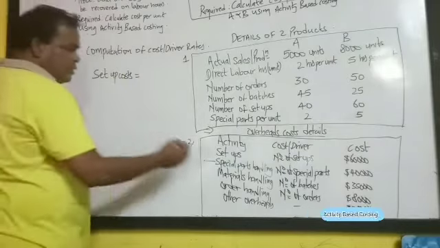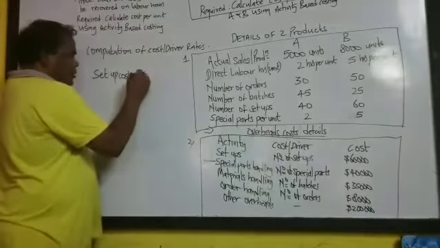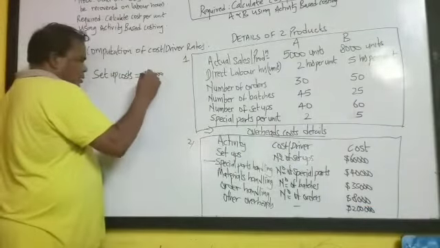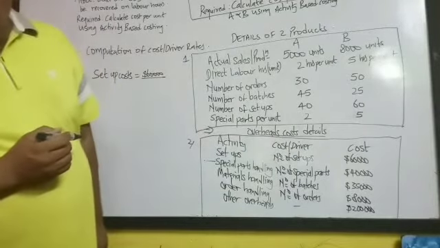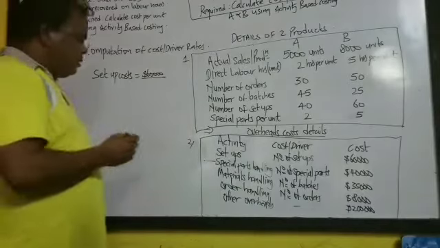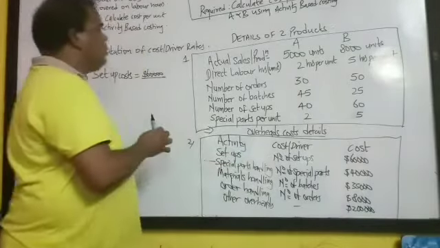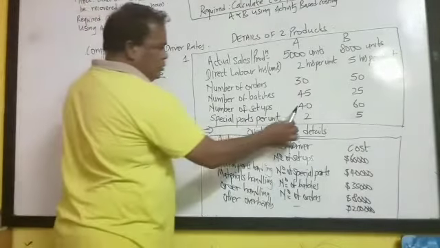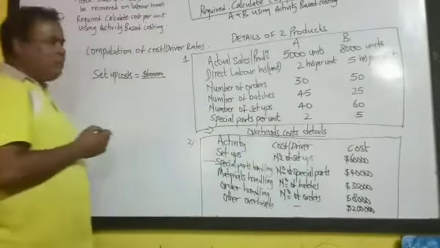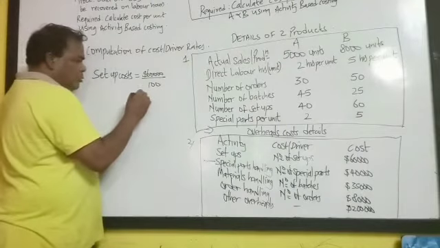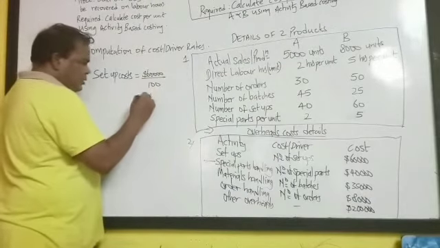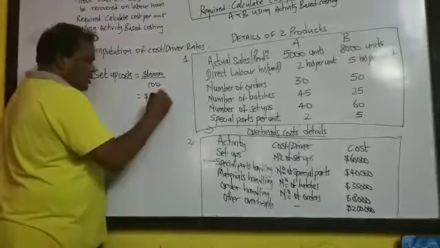What is the cost? The setup cost, 60,000, and we have to divide by the number of setups. What is the number of setups? 40 and 60. This will give us 100, and then the rate is 600 per setup.